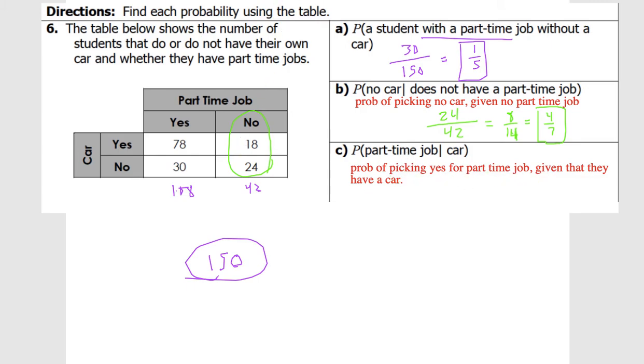Which ones have the car? Just these two. So of the students that have the car, what are the chances of picking yes for part-time job? It would be 78 out of the ones that have a car, 78 plus 18, it's 96. 78 out of 96.